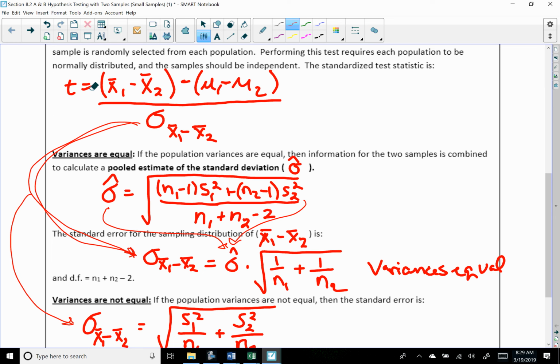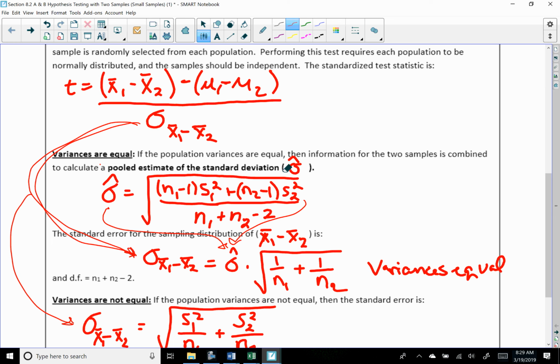The standardized test statistic is calculated. It's t, and it's the difference in the sample means minus the difference in population means divided by the standard error. If the population variances are equal, then the information in the two samples is combined to calculate what they call a pooled estimate of the standard deviation.